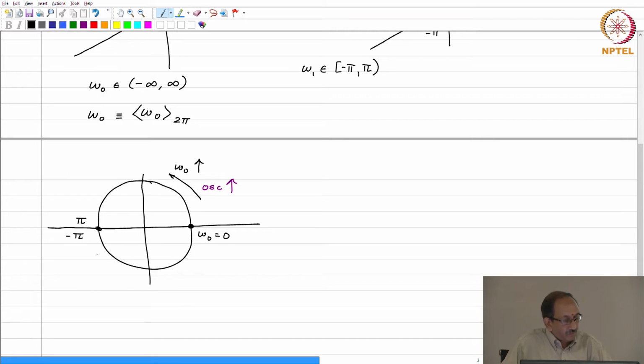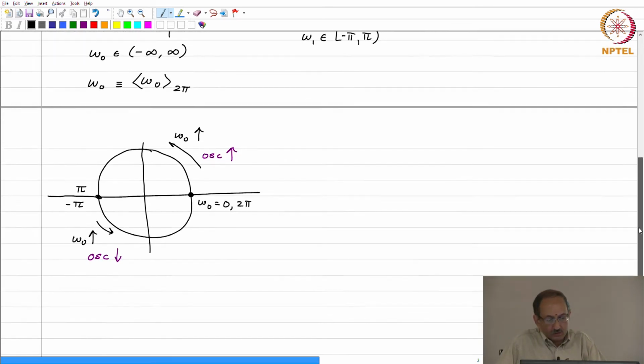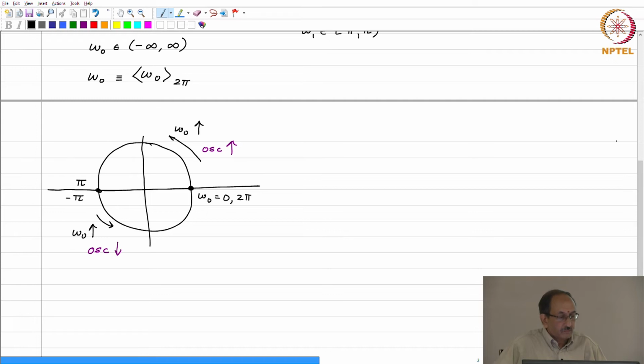Now beyond pi, omega naught is still increasing. However, the rapidity of the oscillations decreases, and it keeps on decreasing till you hit 2 pi, when you now reach the DC sequence. So this is another way of looking at how things are as omega naught changes in the interval 0 to 2 pi. And typically we will be focusing on omega naught in the range minus pi to pi.